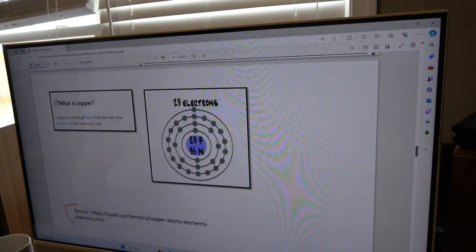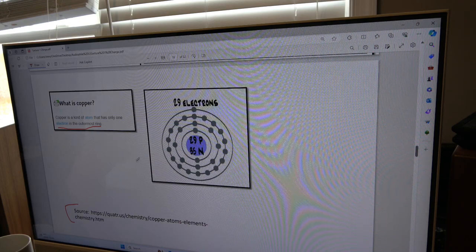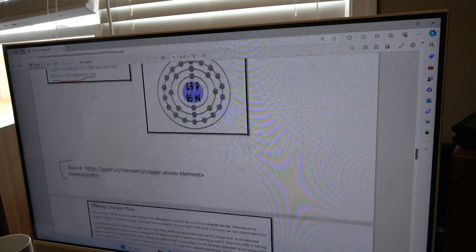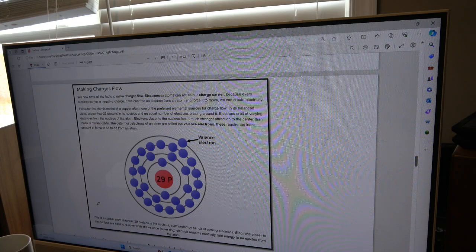So what is copper? Copper is a kind of atom that only has one electron in its outermost ring. I call them orbits, you can call them rings or bands. So there he is. This guy is really important. It's called a valence electron, technically. Now remember, electrons are charge carriers.